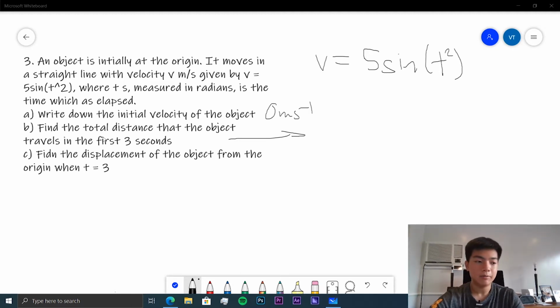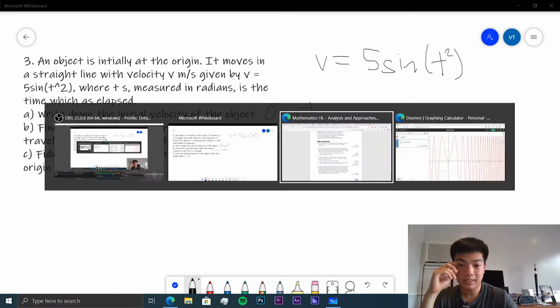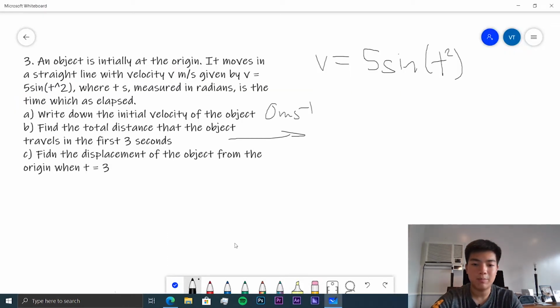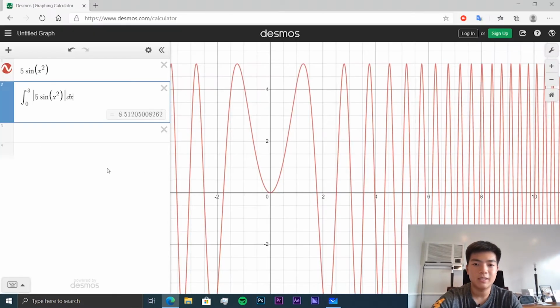So instead, we can use a calculator, or Desmos for me, and we need the integral of the absolute value of the function between 0 and 3, which turns out to be 8.51 meters.